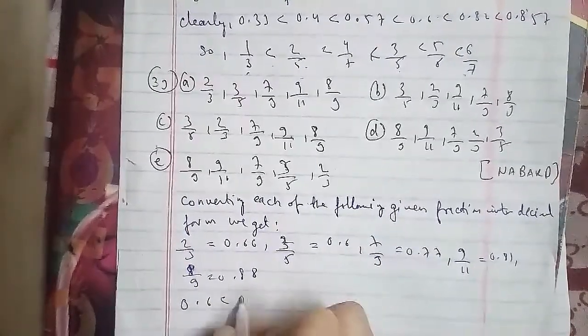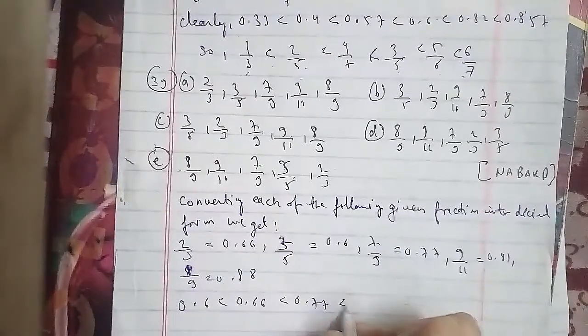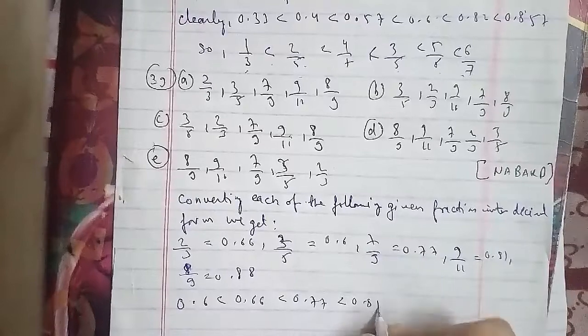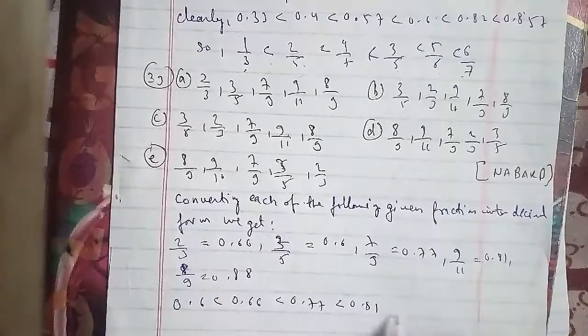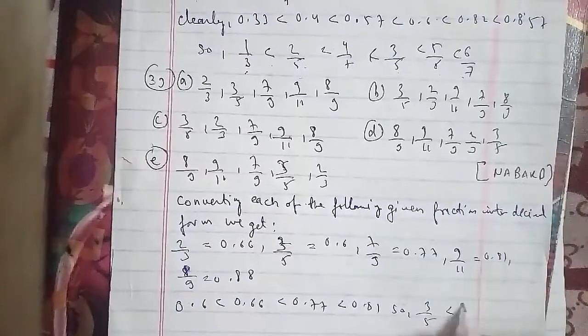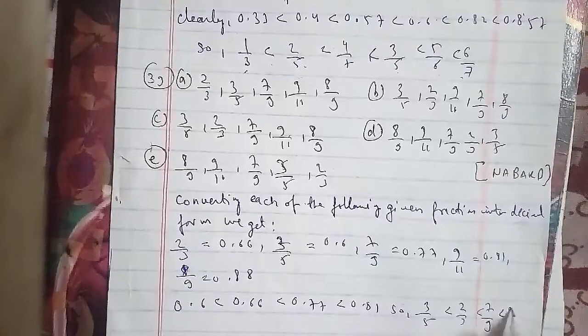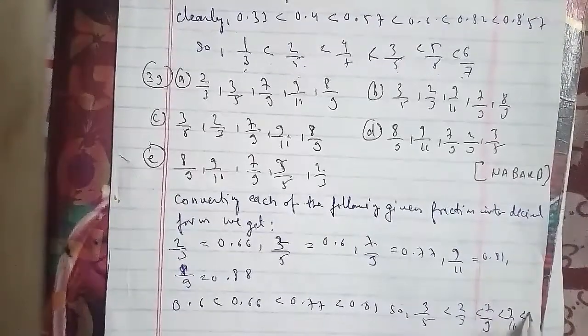Accordingly, clearly we can say that 0.6 is less than 0.66, less than 0.77, less than 0.81. So the fractions are: 3 upon 5 is less than 2 upon 3, less than 7 upon 9, less than 9 upon 11, and less than 8 upon 9 as well.